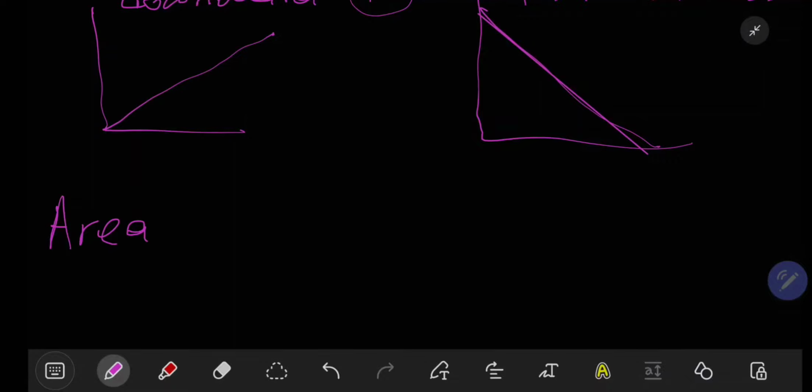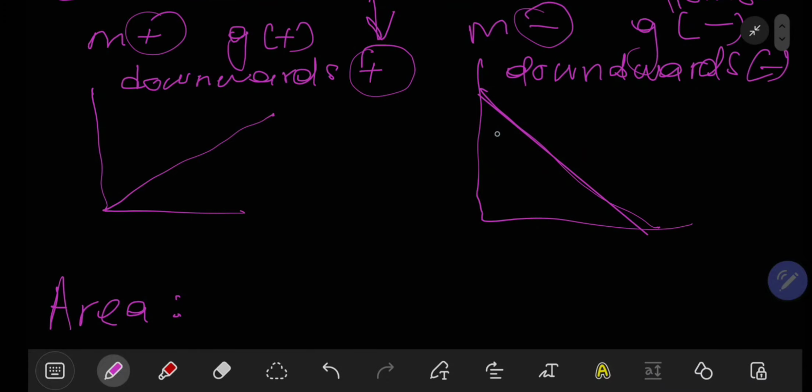All right. So the other thing that I want us to look at is the area. The area under the slope, or the area under the graph, gives us the displacement. If we want the area under this graph, then we will get the displacement of that particular object or that building or that mountain.